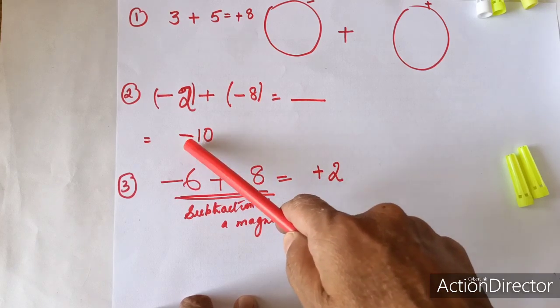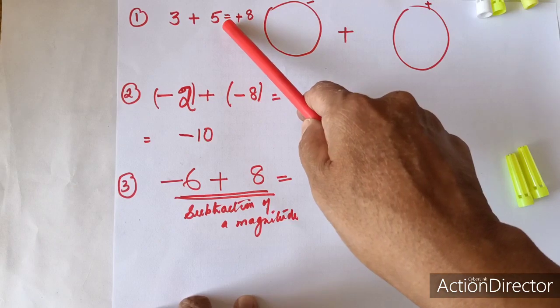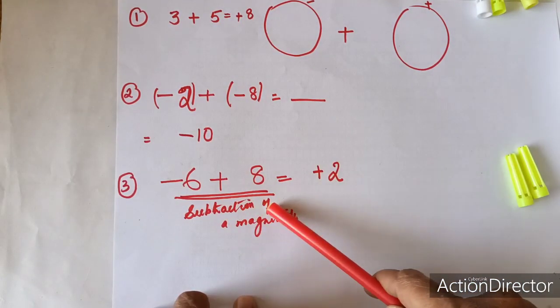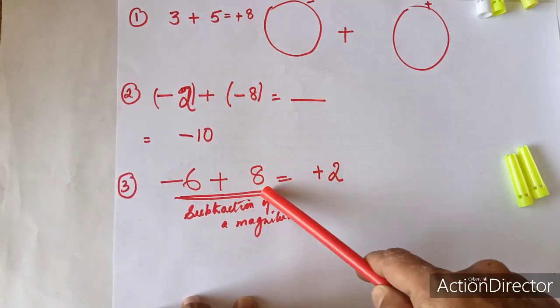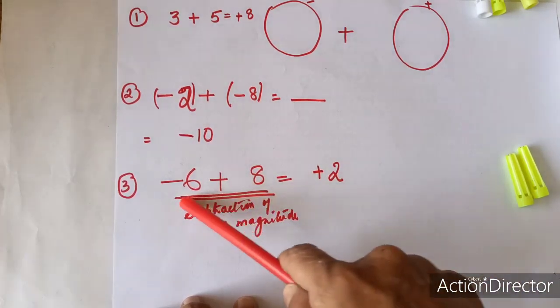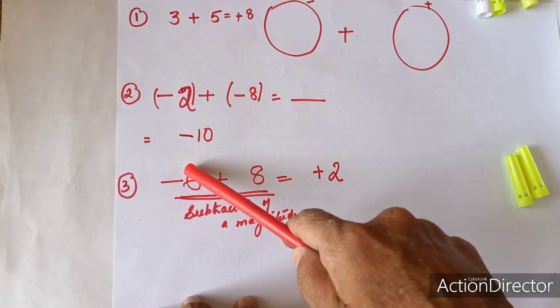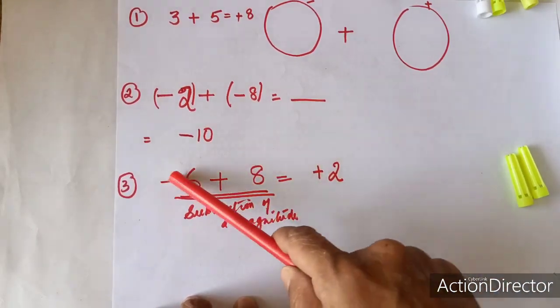White denoted the negative sign, so we put the minus sign here, and yellow denoted positive, so I put the plus sign. But here we have a mixture of caps, that is white and yellow. Whenever there is a mixture of caps, we always subtract the magnitude of the numbers, that is 8 minus 6, whatever may be the number, plus or minus, don't see the sign. You just see the magnitude of the number.